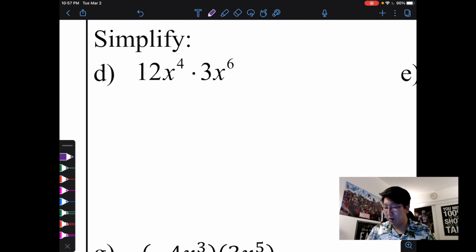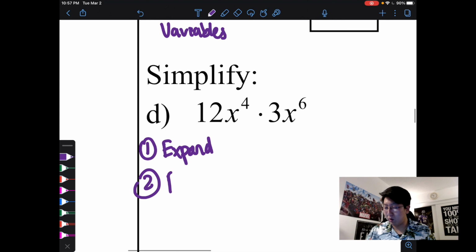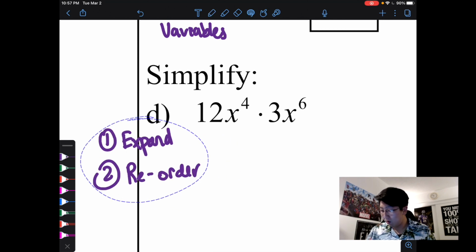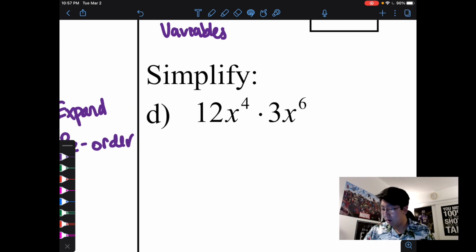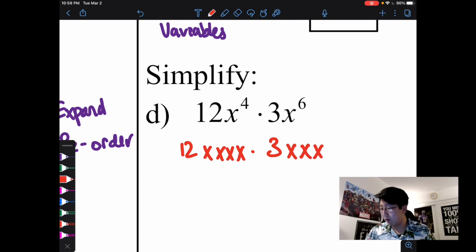Alright, I'm going to do a couple examples. So here, let's go ahead and take our numbers and we're going to expand them first. And then 2, we are going to reorder. Okay? If we're able to follow these instructions, we should be good. So first one, 12, 2, 3, 4 times 3 x times x times x times x times x times x.